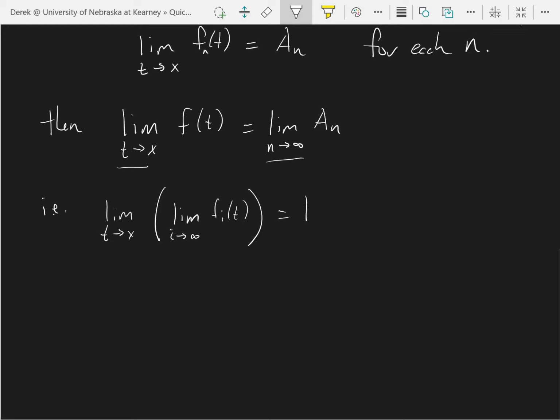That's equal to the limit of n going to infinity of the a sub n's, which is the limit as t goes to x of f sub n at t. Okay, so this is what we're going to try and prove here.